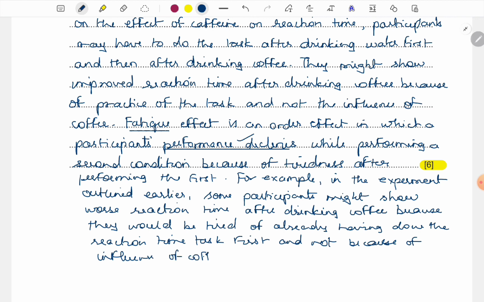So again, you can see my example is elaborate enough, so I don't need to explain anything further. Elaboration is inherent in the example.